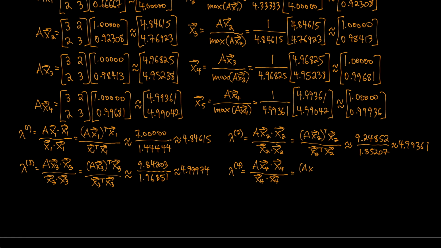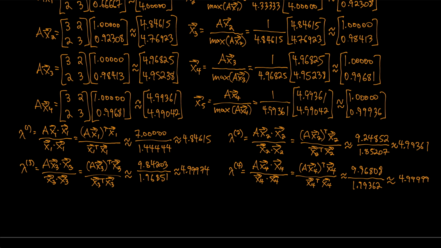So that's AX4 transpose X4 over X4 transpose X4, which is about 9.96808 over 1.99362, and we'll get 4.99999.